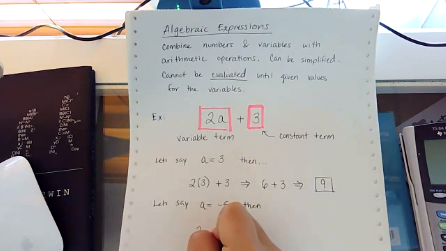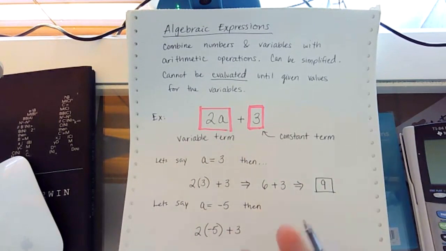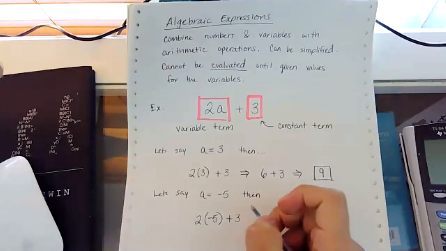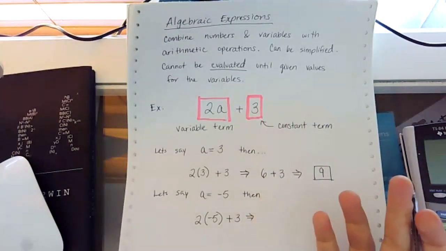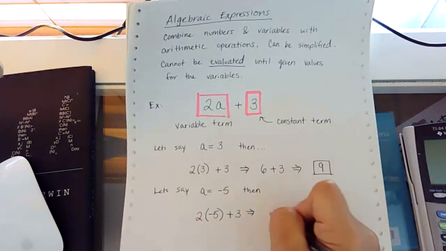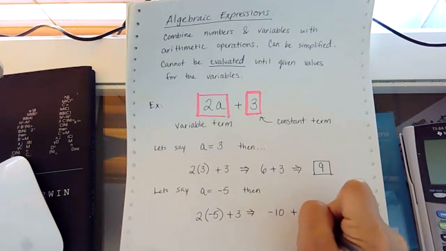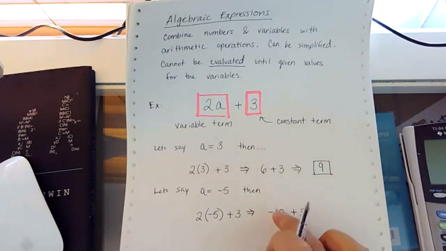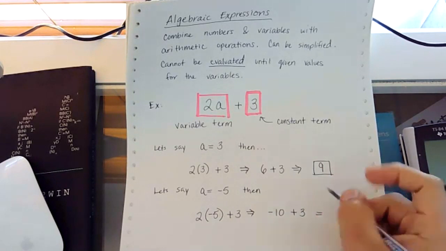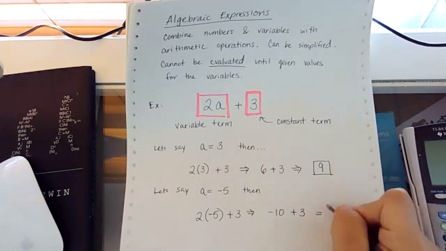So I'll write 2 times -5 plus 3, and now I have to simplify this expression. I'll use my order of operations to say 2 times -5 is -10, and then I'll add 3 to that. If I have -$10 in the bank and I deposit $3, I'm still going to be in the negative. I'll have -7.